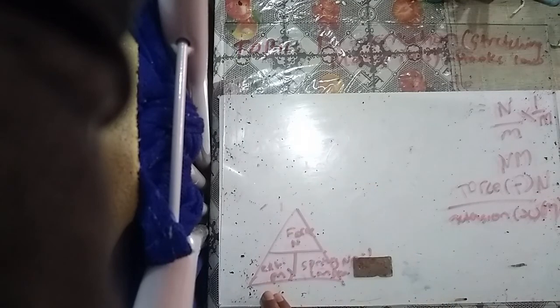Then you can use the force and the extension to find the spring constant. If you have the spring constant and the force, covering extension shows that extension is equal to force divided by spring constant. If you want to find the force, and you have the extension and spring constant, it is easy: force, or the weight, is equal to the extension times the spring constant. Very easy.